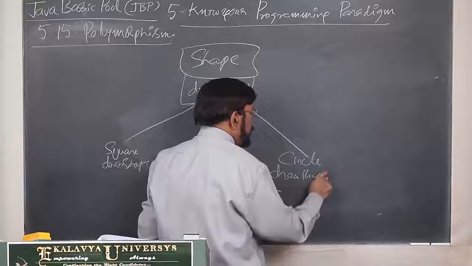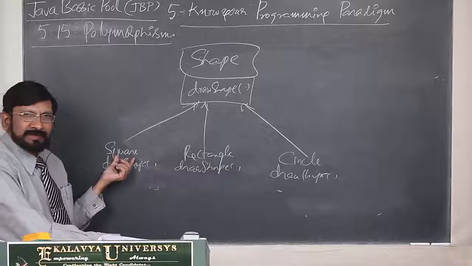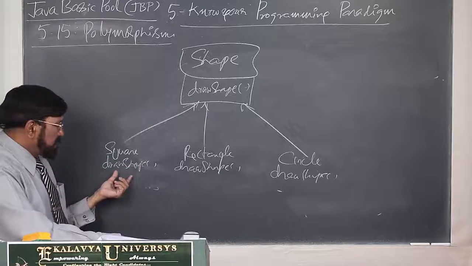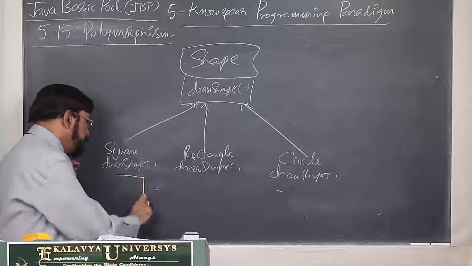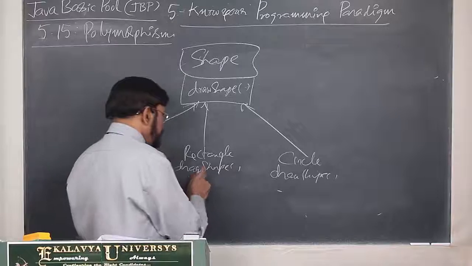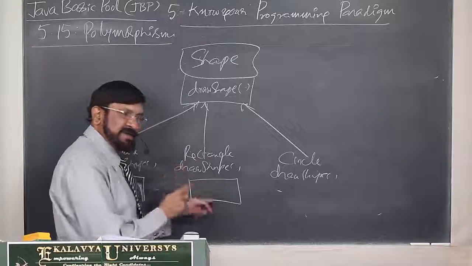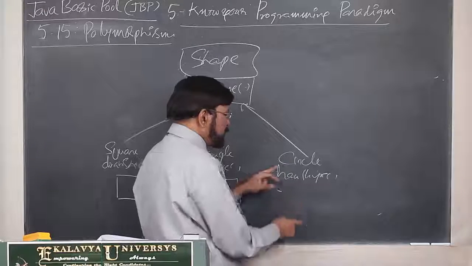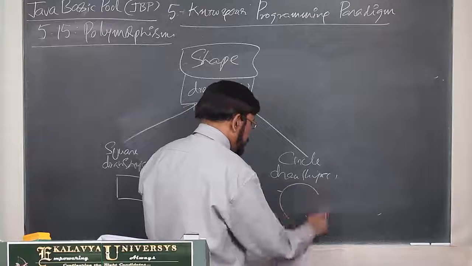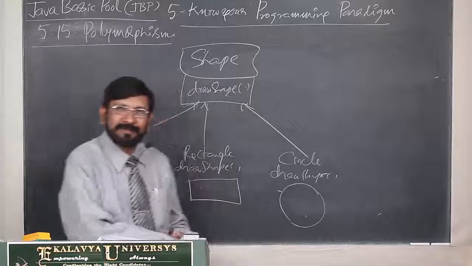Now the wonderful thing here is that when the square class calls draw shape, a square is drawn. When the rectangle class calls this method, a rectangle is drawn. When the circle class calls this method or function, a circle is drawn.